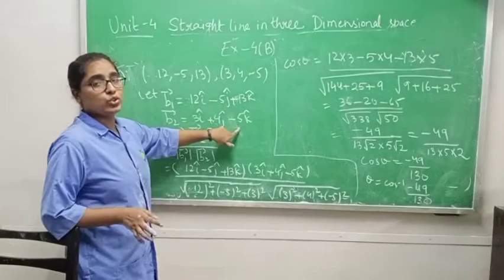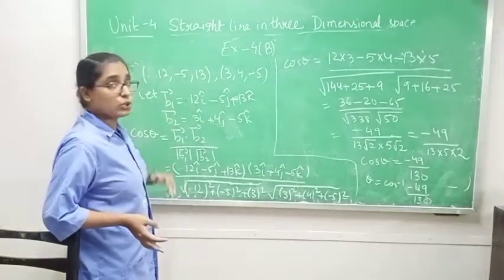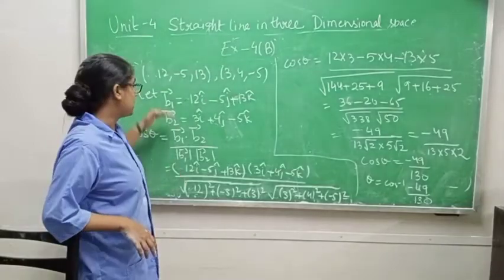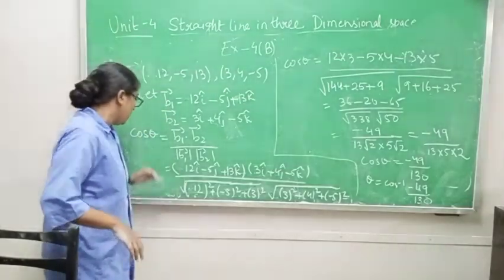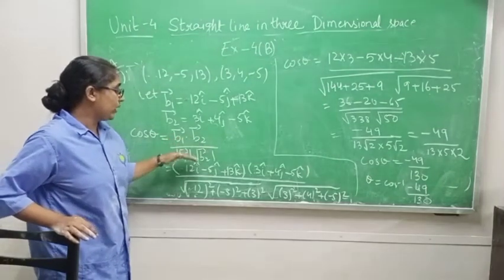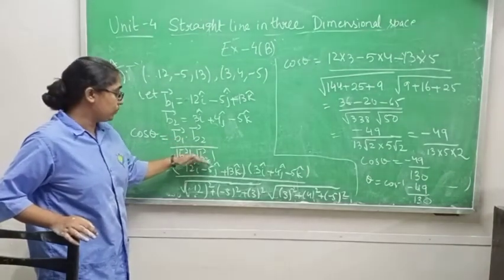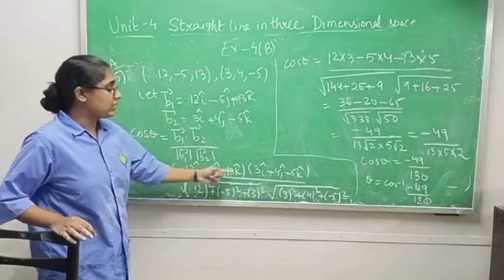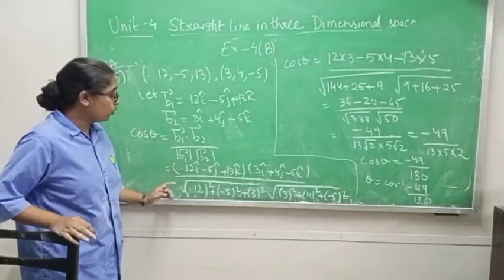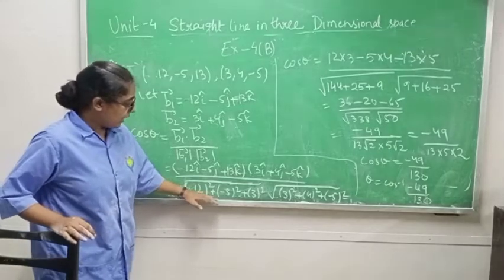Directly you will just write b1 vector and b2 vector, using these numbers. Now the formula is cos theta equals b1 vector dot b2 vector by mod b1 vector into mod b2 vector. Mod b1 vector means square root of x square plus y square plus z square.